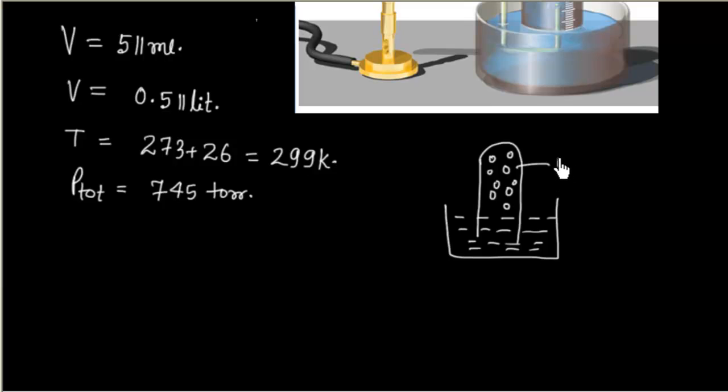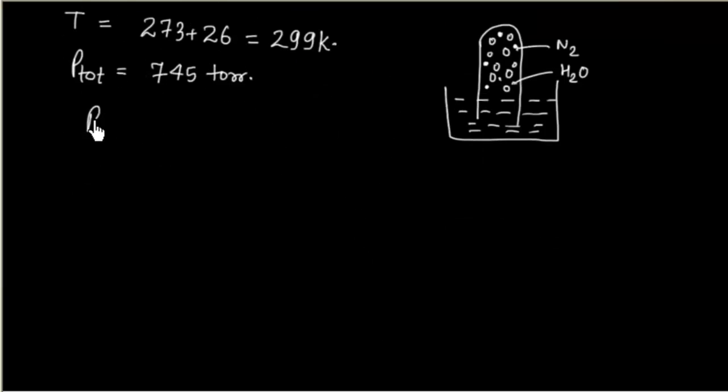Apart from nitrogen, we'll also have some water droplets, and they can also apply vapor pressure. So we also have some H2O molecules. So the total pressure is basically the sum of the partial pressure of nitrogen plus the partial pressure of H2O. So we can say P total is the partial pressure due to nitrogen plus the partial pressure due to H2O.